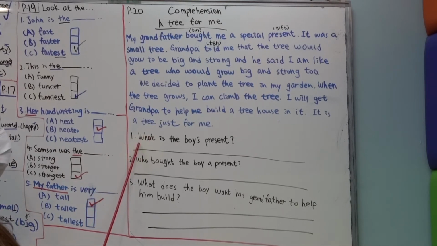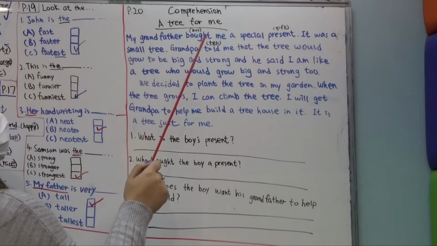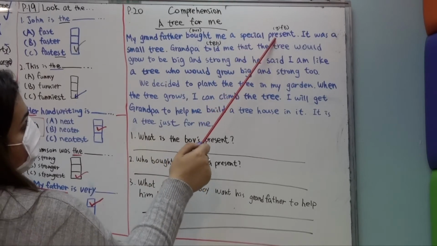Question number 1. Let's read it. 1, 2, 3. What is the boy's present? The boy's present is... Let's look at the first line. My grandfather bought me a special present.